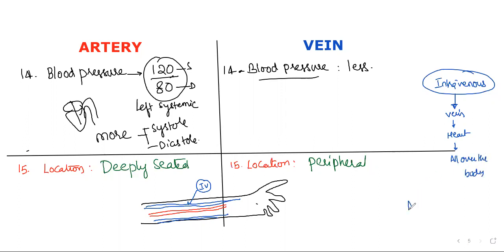Very few injections they give to the artery. If you give to the artery, it goes to the respective body part where I am giving. That's why we use the word intra-arterial injection very few times.